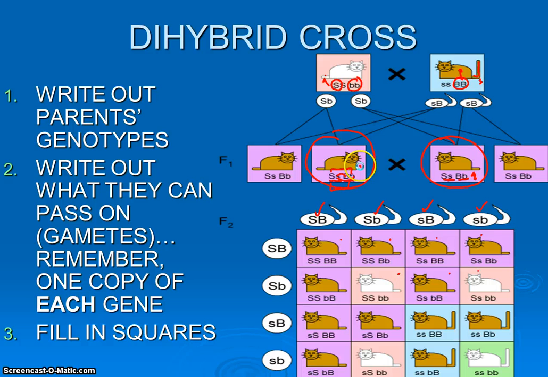If we cross these two brown short-tailed cats, notice they're heterozygous for each, we would end up having 1, 2, 3, 4, 5, 6, 7, 8, 9, 10, 11, 12 cats that were brown, but they're not going to be the same. Some of them will have short tails and be homozygous. Some will have short tails and be heterozygous. Wow. Some of them are even going to have long tails.